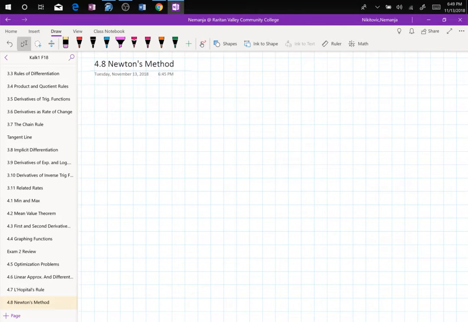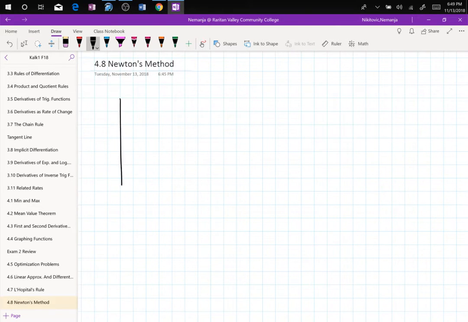So what we have now is the method, Newton's method, right? Self-explanatory, to find roots of the function. So how does this work?